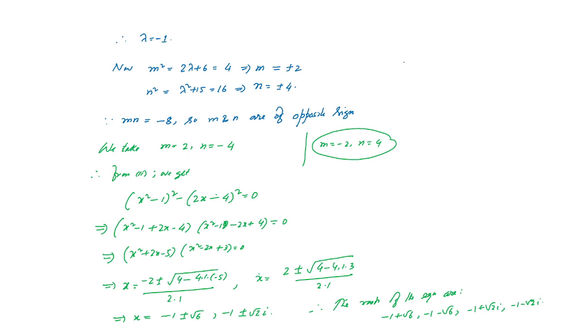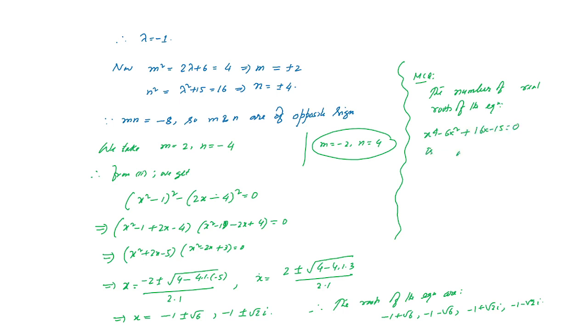Now you may be asked this kind of MCQ type question: the number of real roots of the equation x to the power 4 minus 6x square plus 16x minus 15 equals 0 is option A 0, option B 1, option C 2, and option D 4.